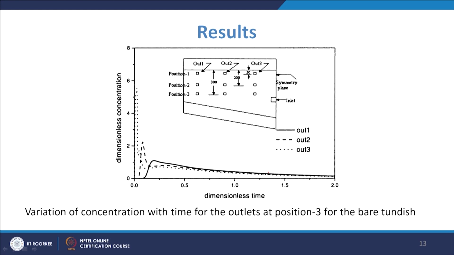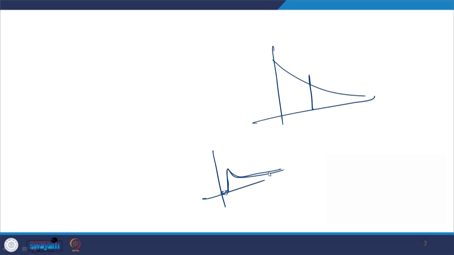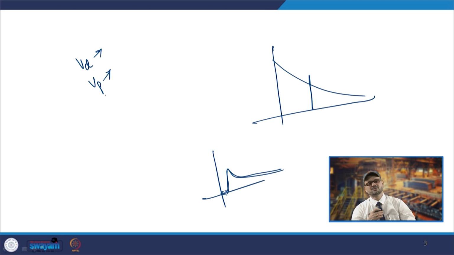Now, after this, what we do is calculate the dead volume. That will be 1 minus actual mean residence time divided by theoretical mean residence time. Then you also calculate the plug volume, which will be indicative of the breakthrough time.